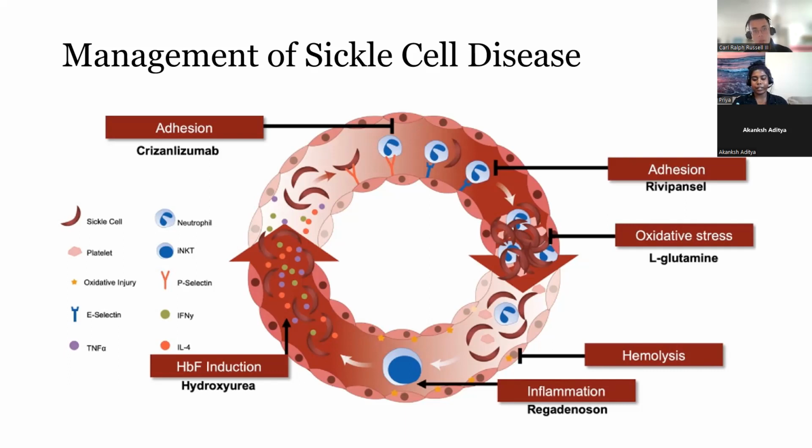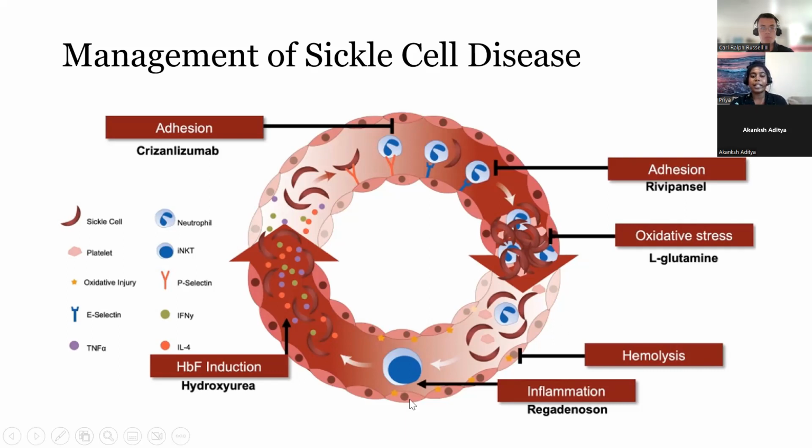And so a lot of drugs also target reducing oxidative stress to reduce inflammation, reducing the adhesion or the stickiness of the cells. And all of this is targeted to decrease the vaso-occlusive crisis, which is really the main consequence of sickle cell disease that a lot of patients struggle with.